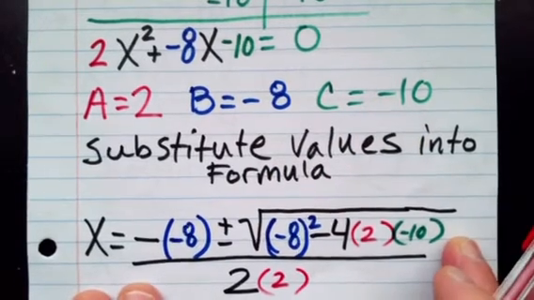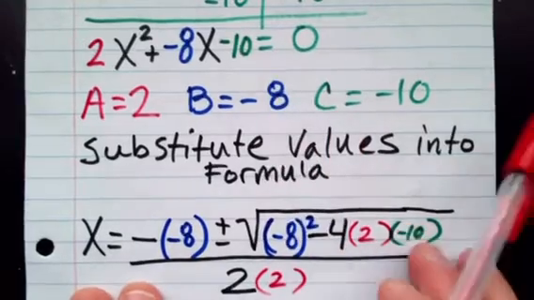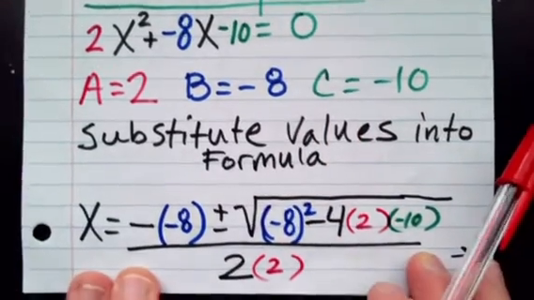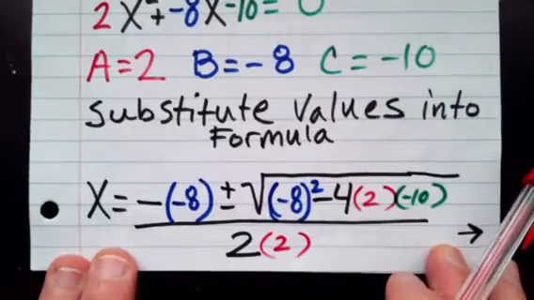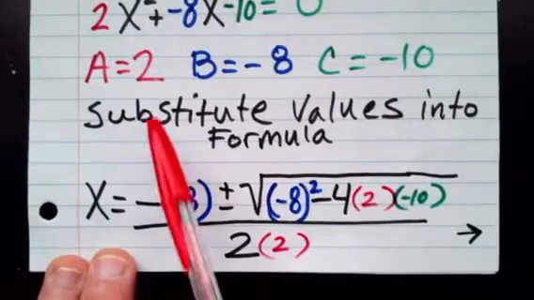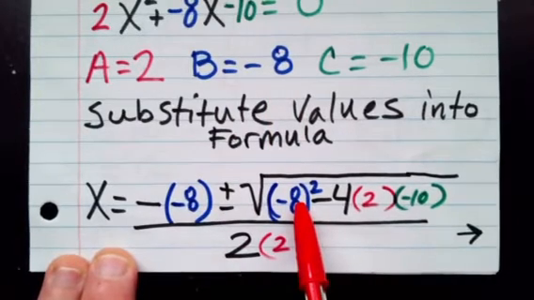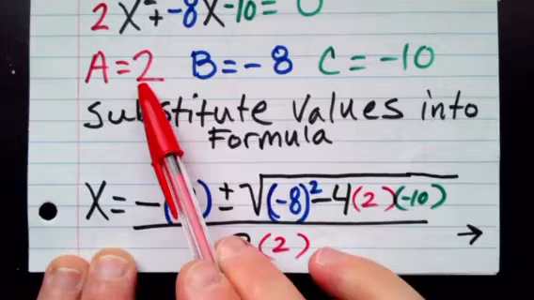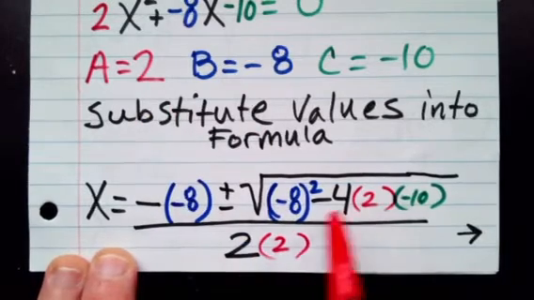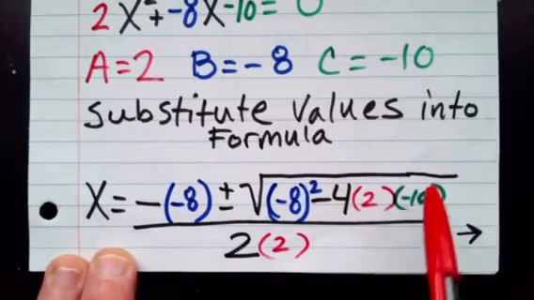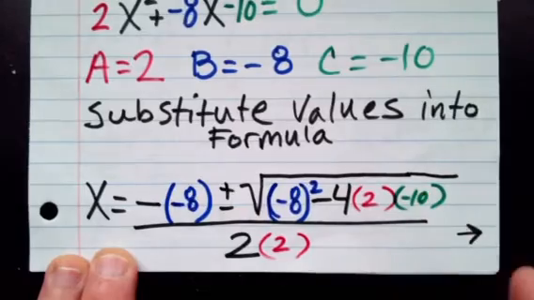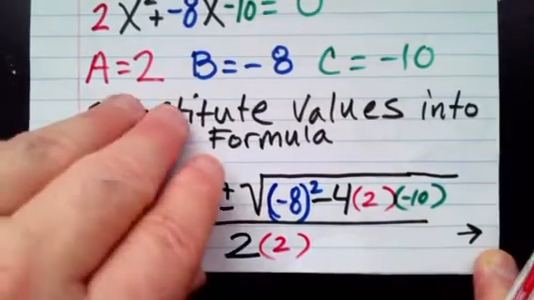Again, you want to have that 0 on the right side of the equal sign. Now we're just going to substitute these values into the equation, right? So negative b, our b value is a negative 8. I put a negative 8 everywhere you see b in the formula. I'm going to put a 2 everywhere you see a in the formula, and a negative 10 everywhere you see c in the formula.